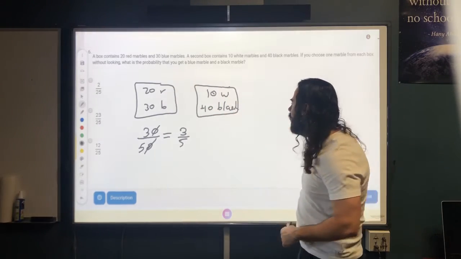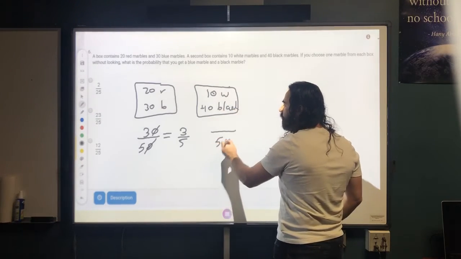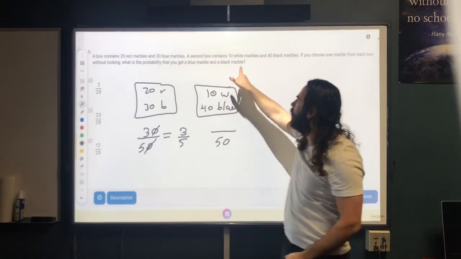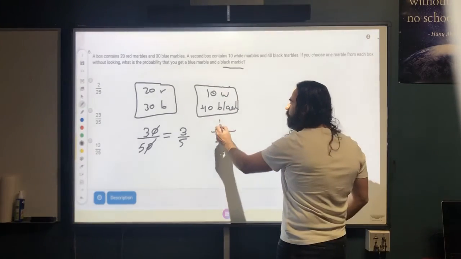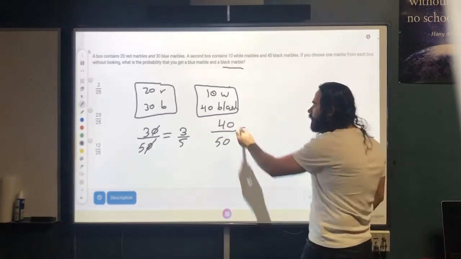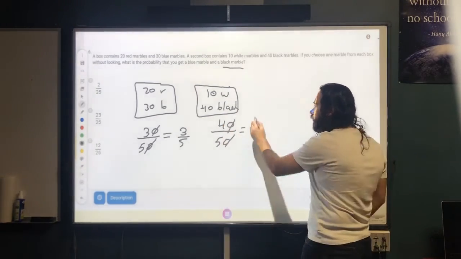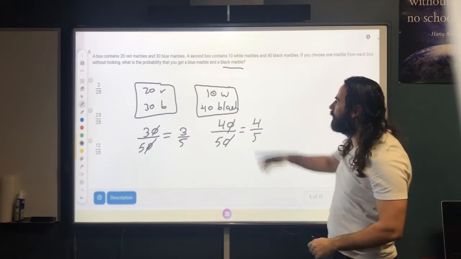Now, the second box, how many balls do we have in total? We have 50 balls. And what does he want? He wants a black marble. So a black marble means 40. And let's simplify this one too. The 0 cancels out with the 0, so I'm left with 4/5. Now he wants and.